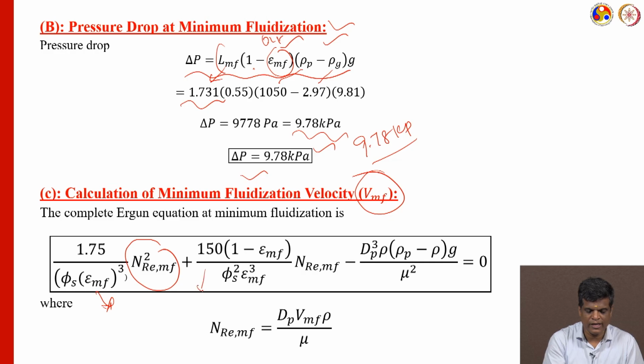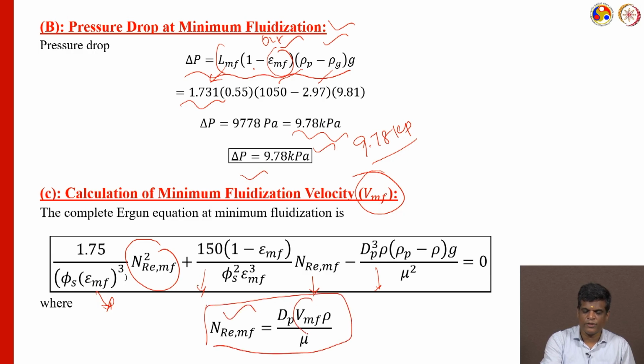So the 150 here is modified, and after modification the Ergun equation is based on the minimum fluidization velocity. We write NRE at minimum fluidization, where the velocity also we have to use as the minimum fluidization velocity. So there is a density, then dP by mu.